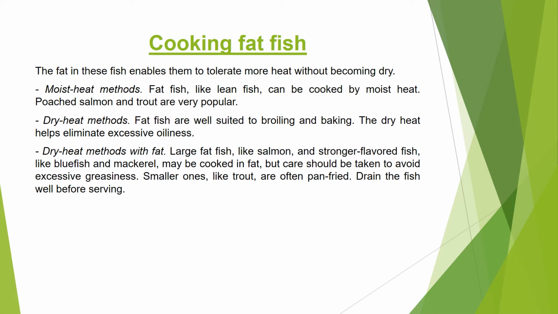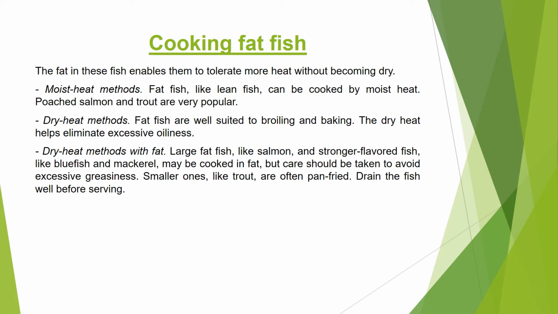It can be water, it can be any stock or something. Fat fish, like lean fish, can be cooked by moist heat. Poached salmon and trout are very popular. They can poach a salmon or tuna.